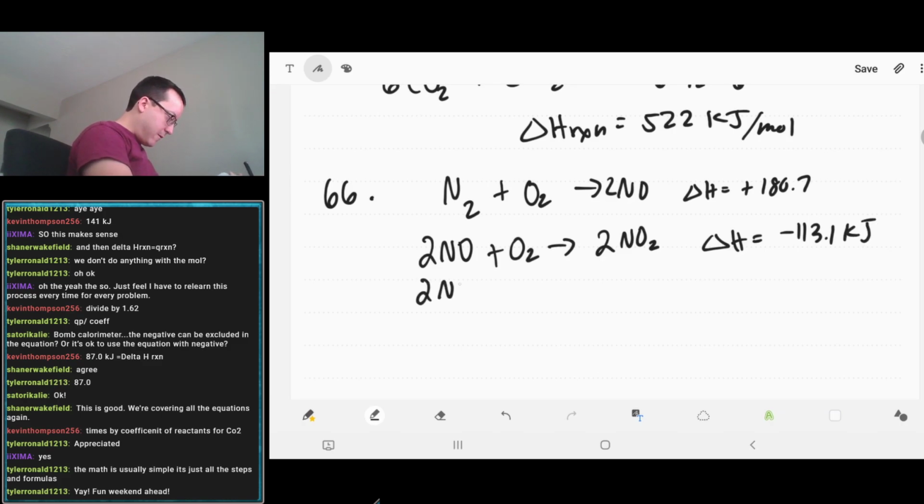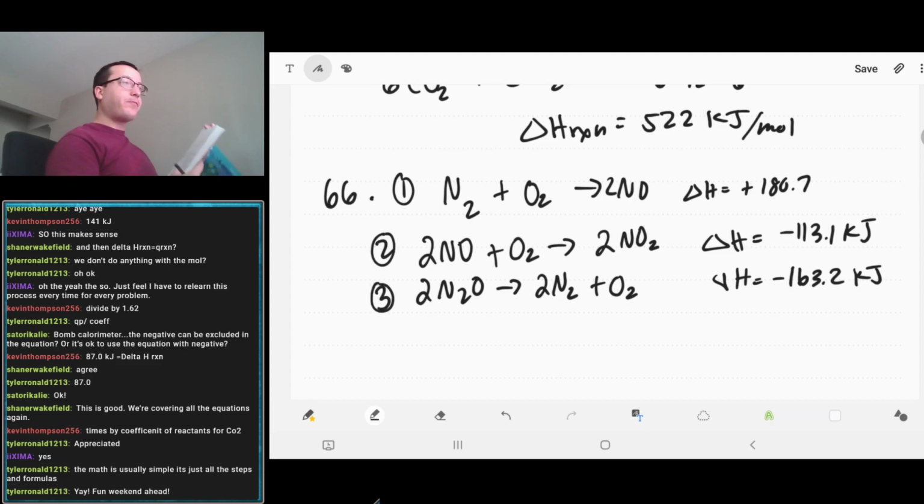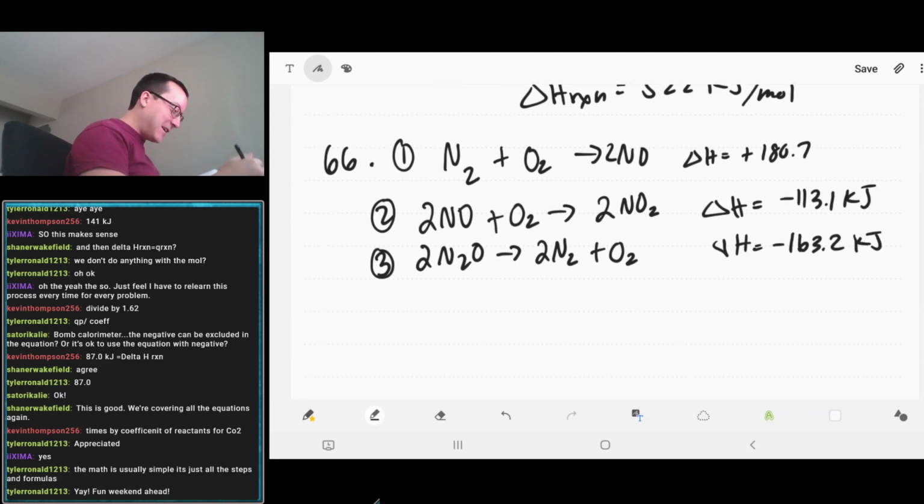And we have N2O turns into 2N2 plus O2, delta H is negative 163.2. I should tell us what the actual question is asking.